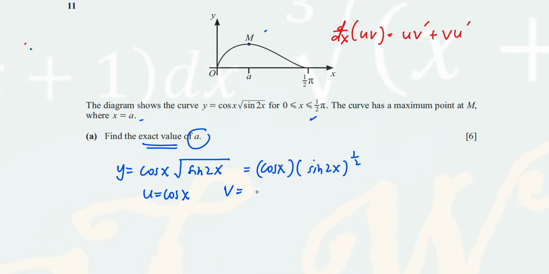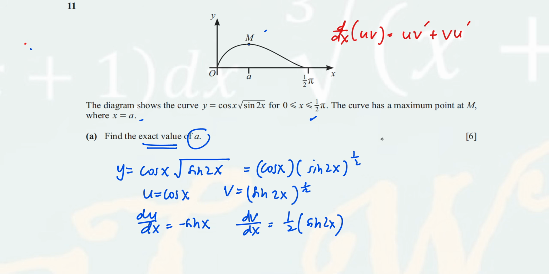My v is power half of sine 2x. So now my du/dx, differentiate cos, it will be minus sine x. dv/dx, okay, first of all bring down the half, rewrite the function, and the power you minus 1. So half minus 1 is minus half. And now when you differentiate sine 2x, it will be cos 2x, and differentiate 2x, that is 2.